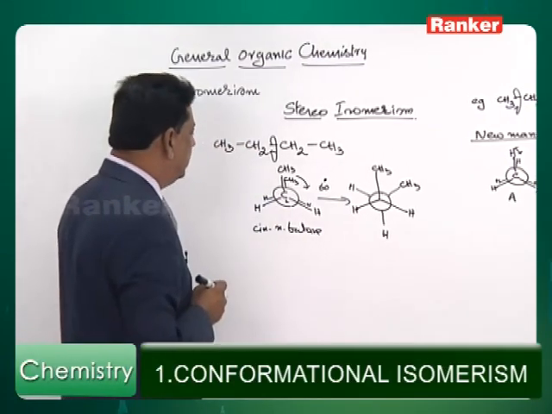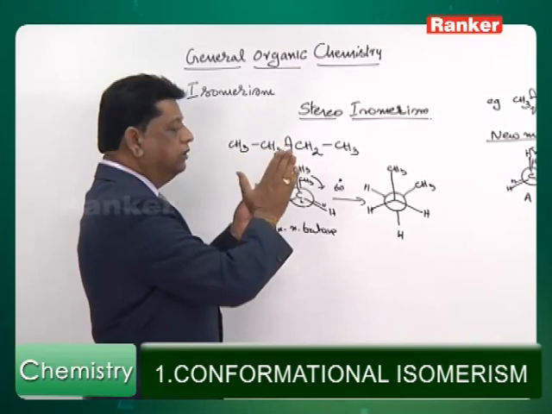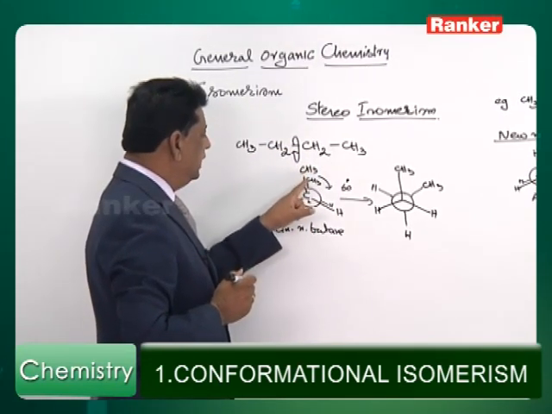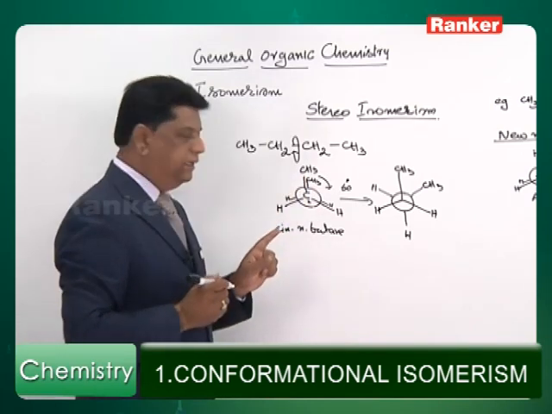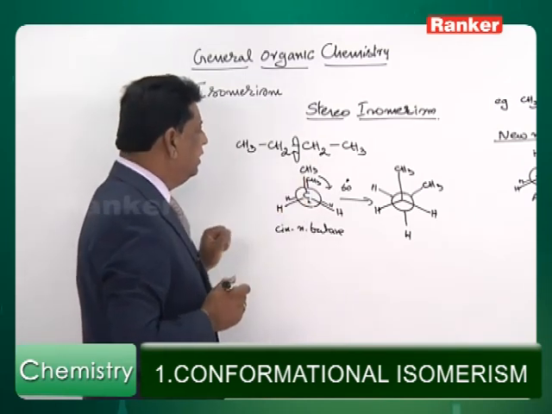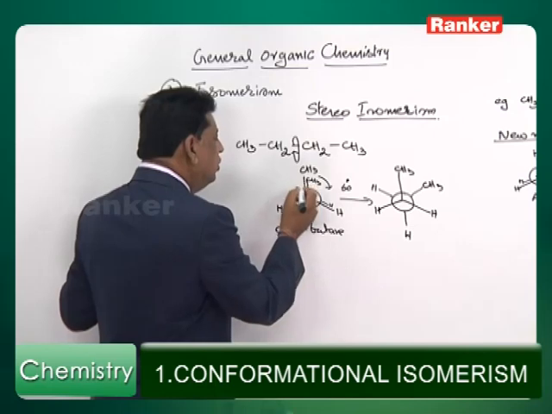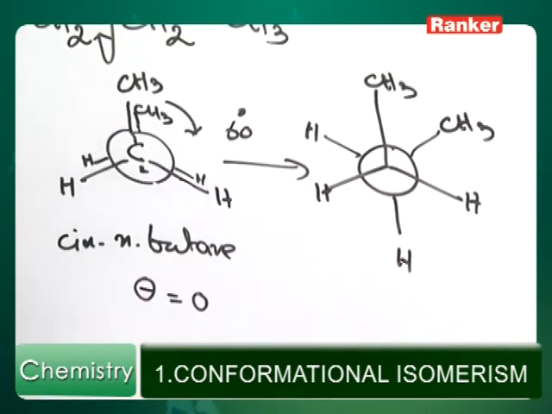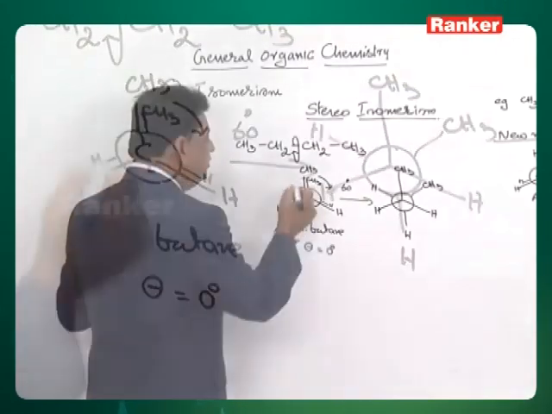This rotation is called a torsional angle. Between the methyl and methyl, the angle is not a bond angle, it is called the torsional angle, or it is shown with theta. Theta equals 0 degrees. Between the two methyls, what is the angle?